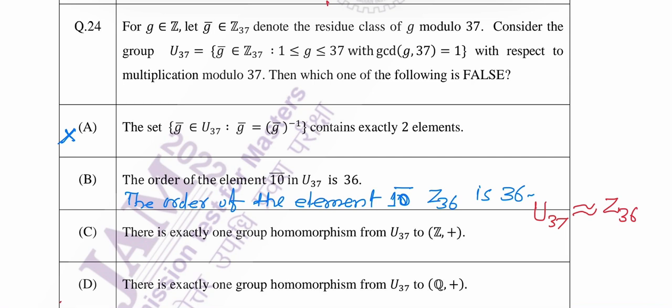What does it mean? Suppose this statement is true. It means that the order of 10 bar equals the order of the group Z36. This happens only when 10 bar is a generator.